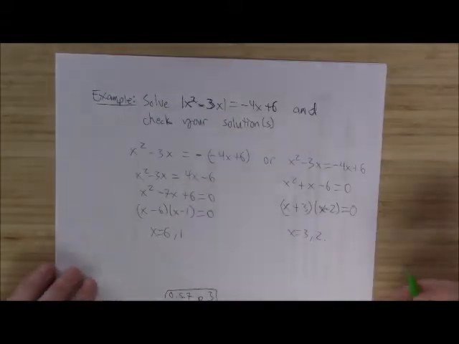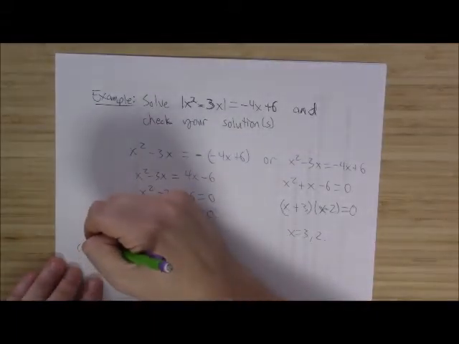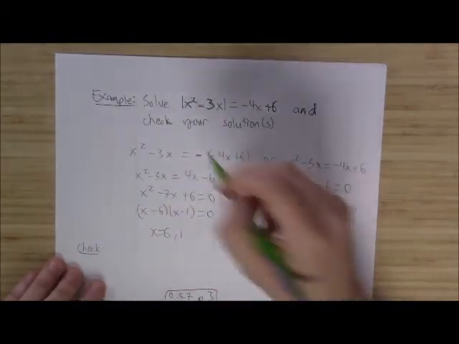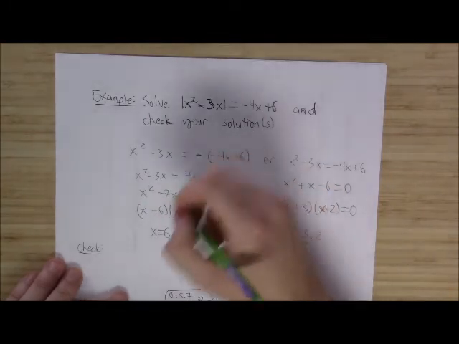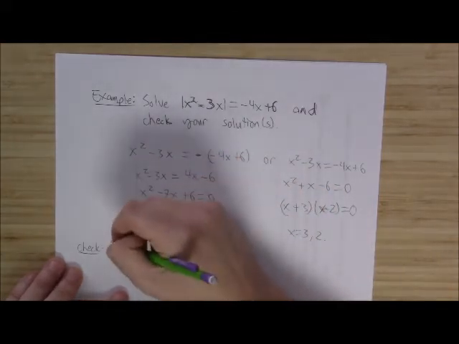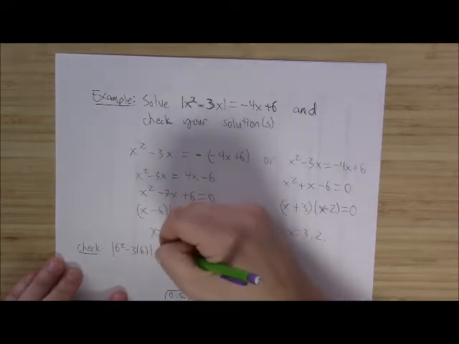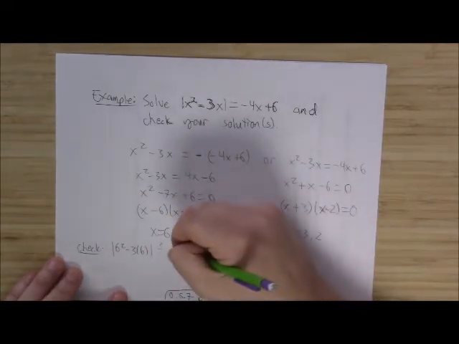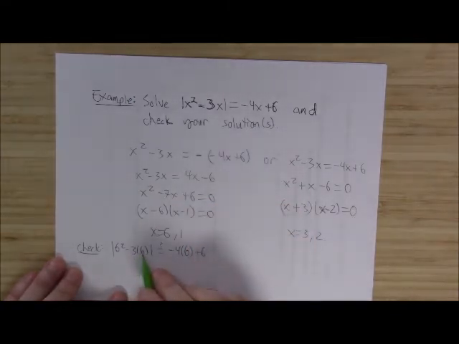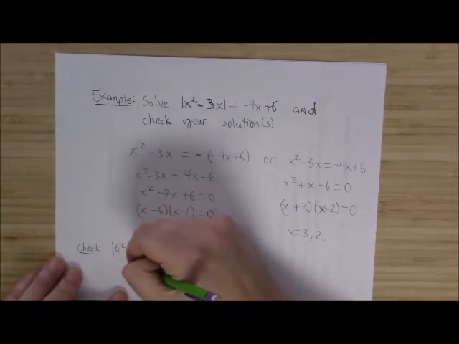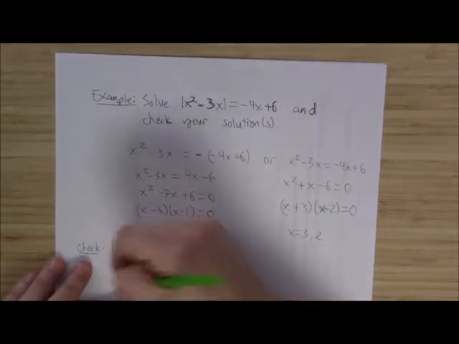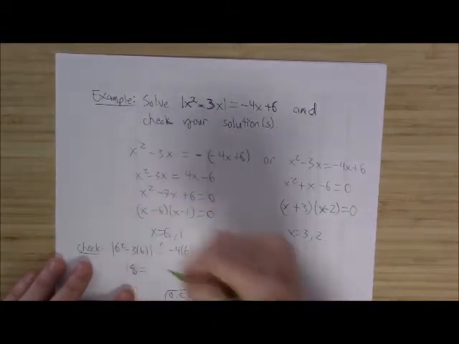Here, let's go ahead and check just to make sure. Plugging 6 in, we have the absolute value of 6 squared minus 3 times 6. Does that equal negative 4 times 6 plus 6? Well, here we have 36 minus 18, which gives us the absolute value of 18, and the absolute value of 18 is 18. So let's just leave it like that.